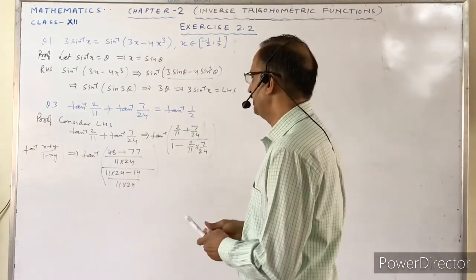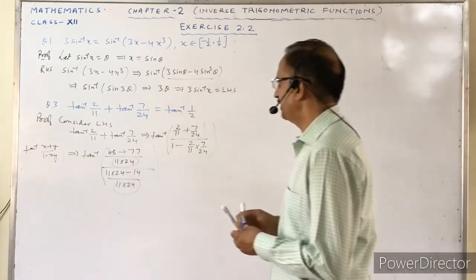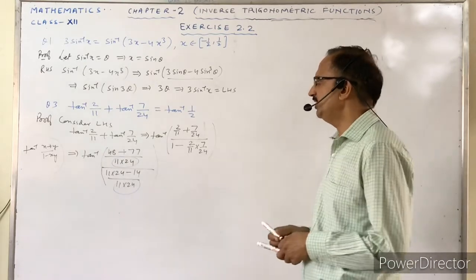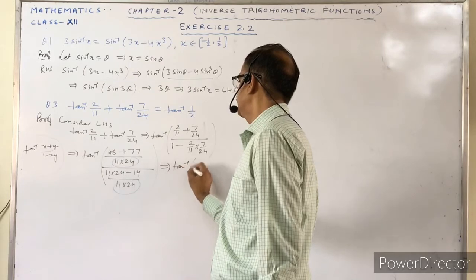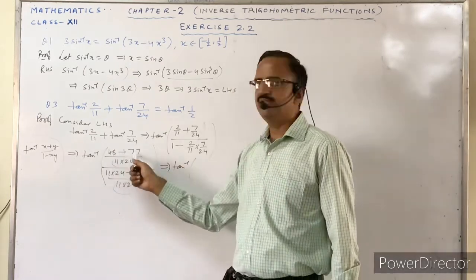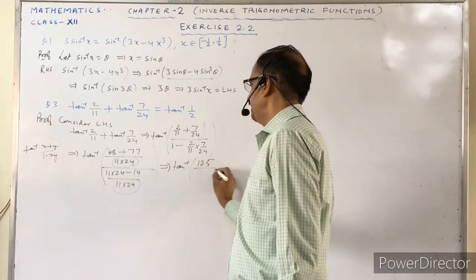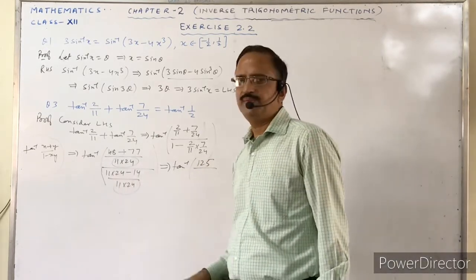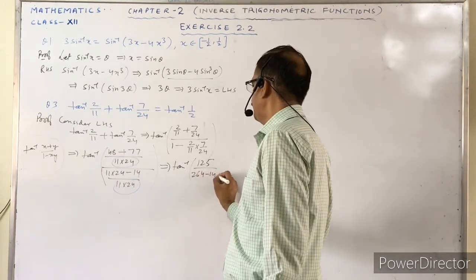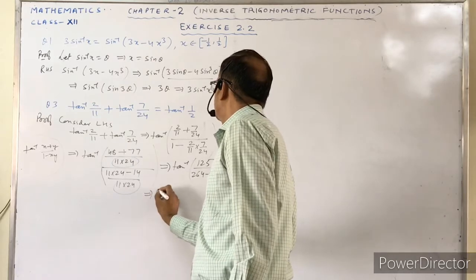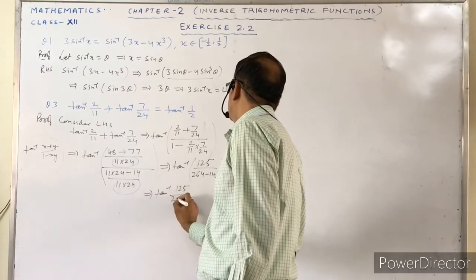Now these denominators cancel out, and we will get the numerator over the denominator. So we will get tan inverse of 48 plus 77, this is 125, and 24 multiplied by 11 is 264 minus 14, this is 250. This is nothing but tan inverse 125 over 250.